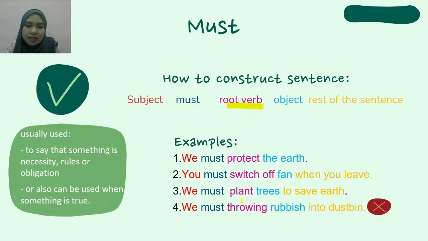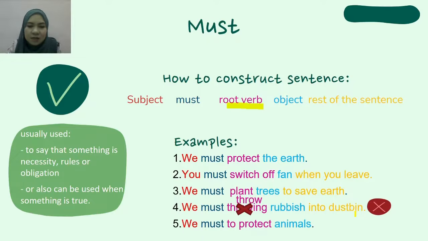Why do you think the sentence is incorrect? Because the word throwing is not a root verb. Remember, after must we should use root verb. So the correct sentence is we must throw rubbish into dustbin.